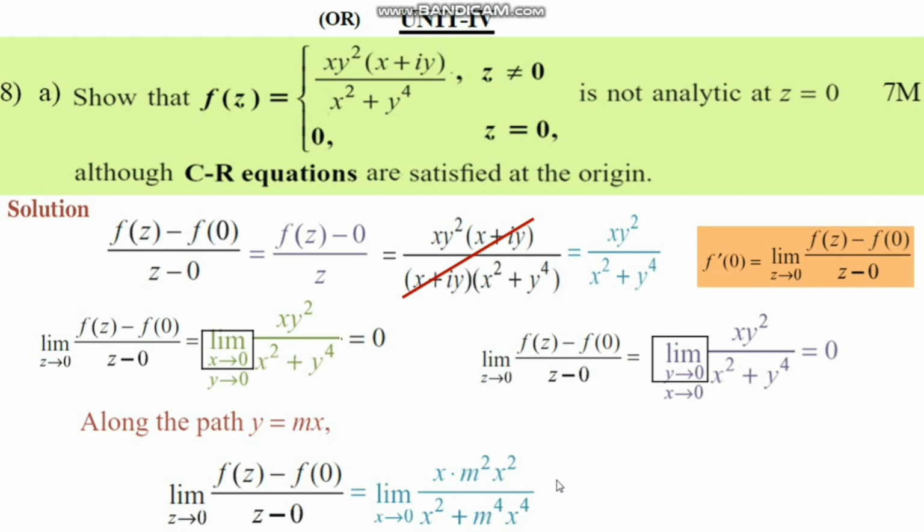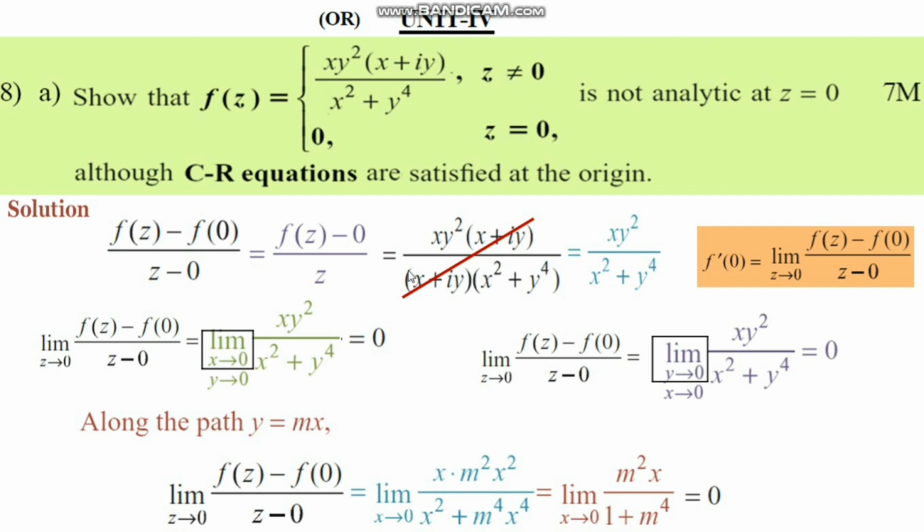Now we write this function. x square is a common factor from both the numerator and denominator. After simplification, we obtain m square x by 1 plus m power 4. When x is replaced with 0, this function value is 0. Here also f dash of 0 has value 0.